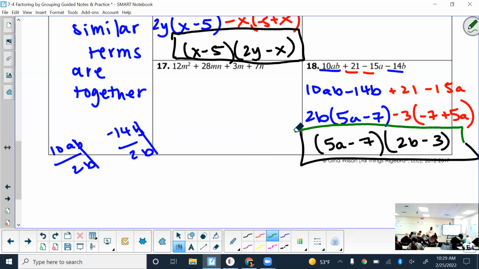Okay, yeah, then that does work. As long as you get the same signs on the final answer, so as long as 7 is negative, the 3 is negative, the 5a and the 2b are positive, then it works. Is that what you got? Okay. So any other questions? So there can be more than one right way as long as you're following the steps.